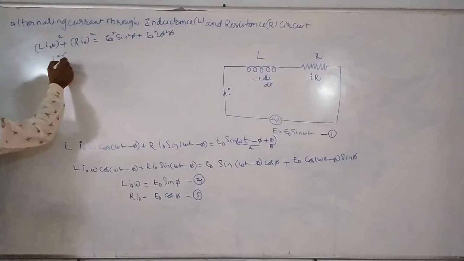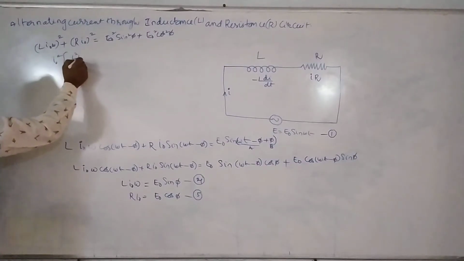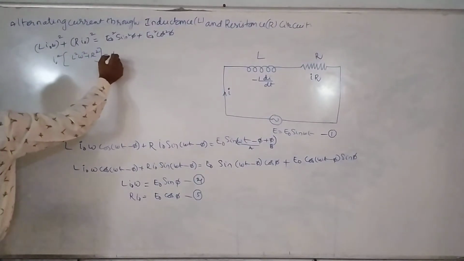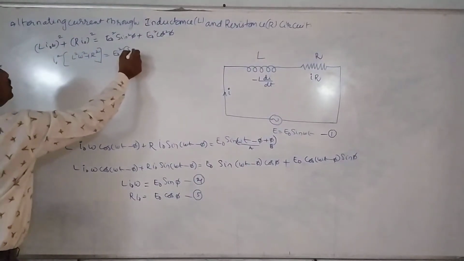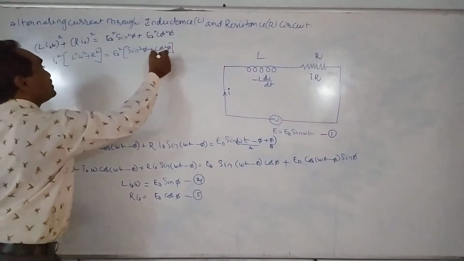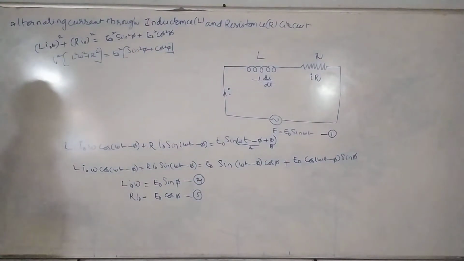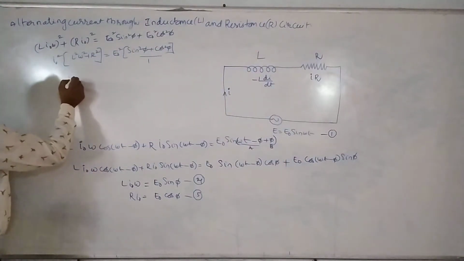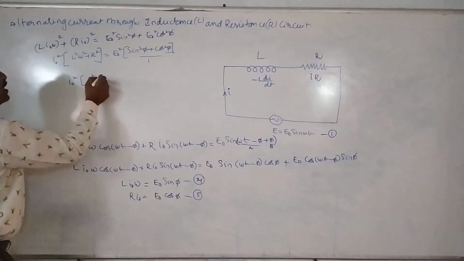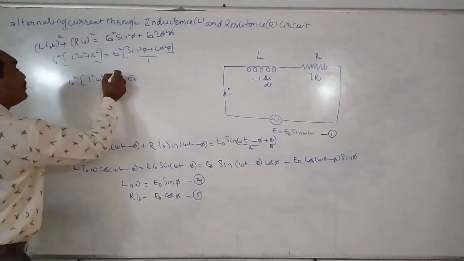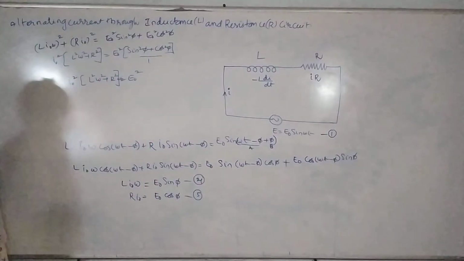When it is taken as common, I₀²(L²ω² + R²) is equal to E₀²(sin² π + cos² π). What is the value of sin² π plus cos² π? 1. That is, I₀²(L²ω² + R²) is equal to E₀².